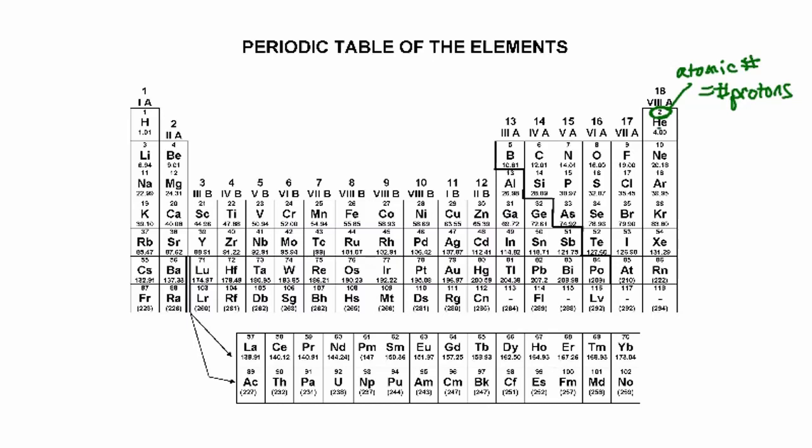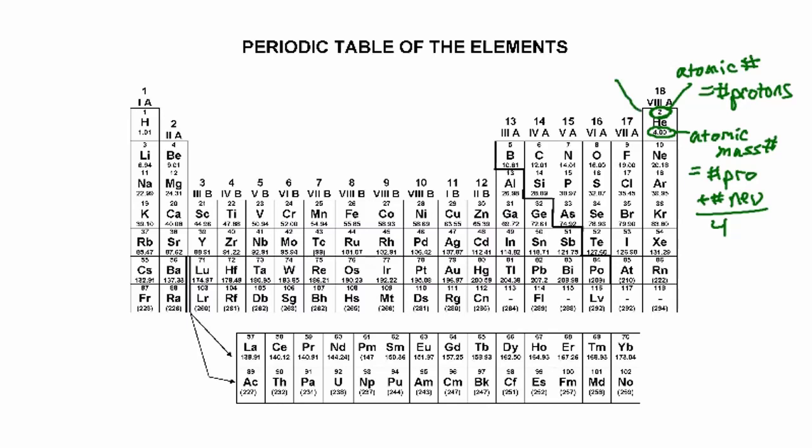And 4 down here on the bottom is the atomic mass. The atomic mass number, which is equal to the number of protons, I'll just put pro, plus the number of neutrons, I'll just put nu. So that's going to equal 4, and that's down here.